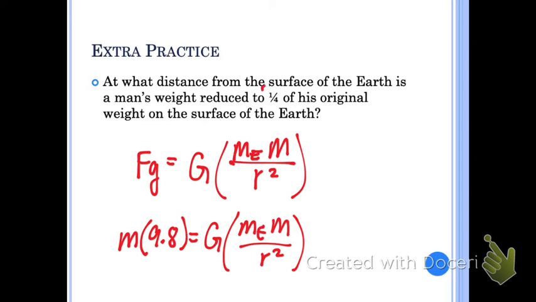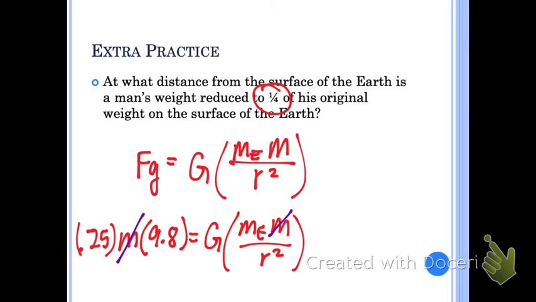We want to know 1/4 of his original weight. So we just need to go times 0.25. Right? Because I don't want his full weight. I want 1/4 of his weight. And at this point, it really doesn't matter how much he weighs because the m for the man is going to end up canceling on both sides.